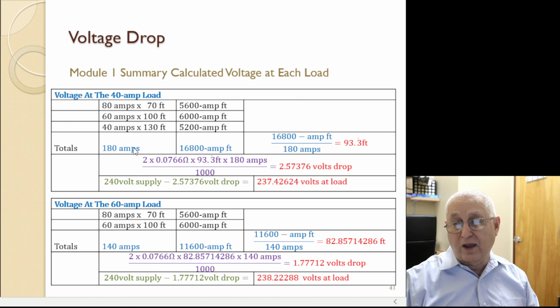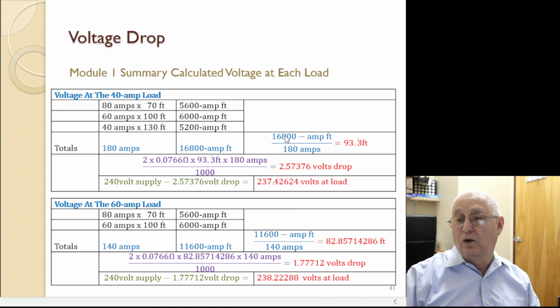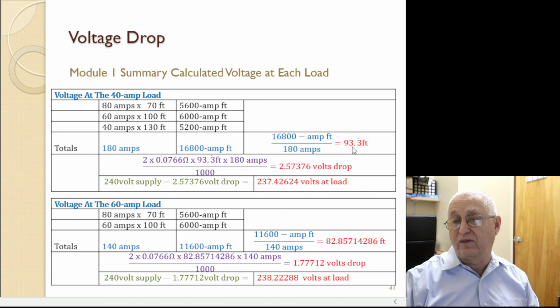We total these amps, we have 180 amps. We total the amp feet, we have 16,800. We divide that 16,800 amp feet by 180 amps. Amps cancel out, and we're left with 93.3 feet, repeating.